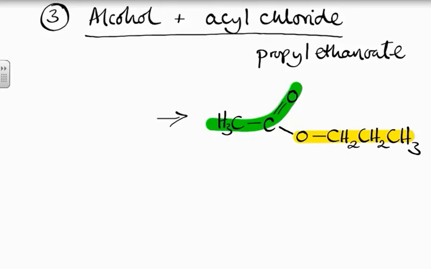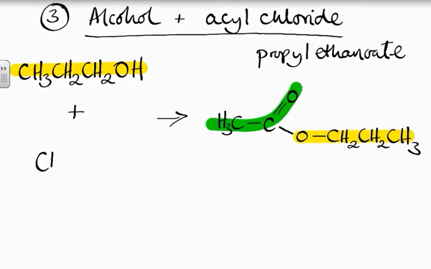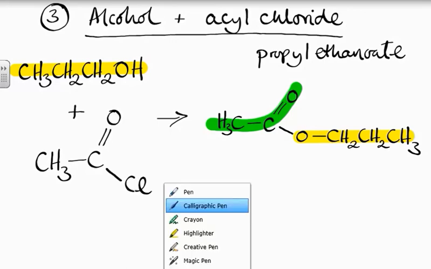So for propyl ethanoate, the acyl chloride that we're after, in addition to our propan-1-ol, there it is again. So we're going to need ethanoyl chloride to make the ester.